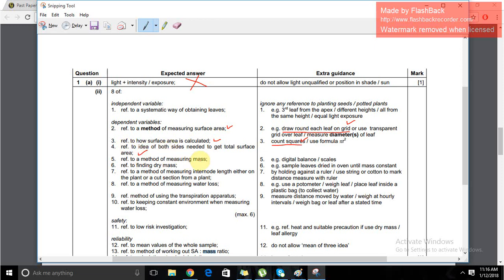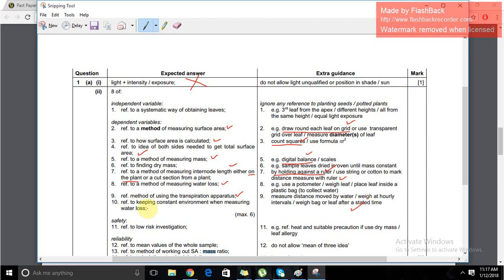A method of measuring mass: electronic balance and digital balance are basically the same. Method of measuring internode length either on the plant or a cut section. I believe the vernier caliper one is just as right. Measuring water loss: use a potometer, I did mention it, or weigh the leaf. That is what I went with. Place leaf inside a plastic bag. You'd collect the amount of water transpired. Weigh at hourly intervals after a stated time.